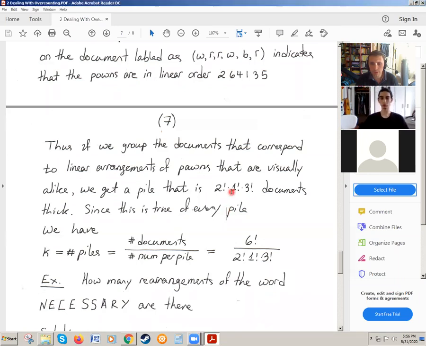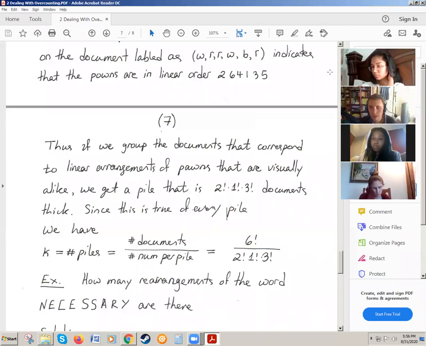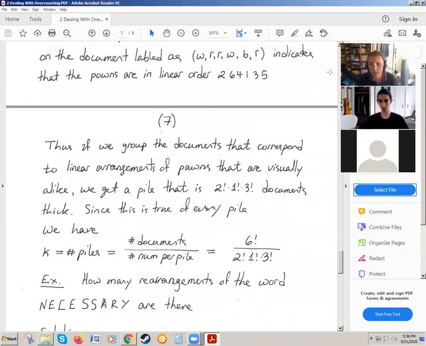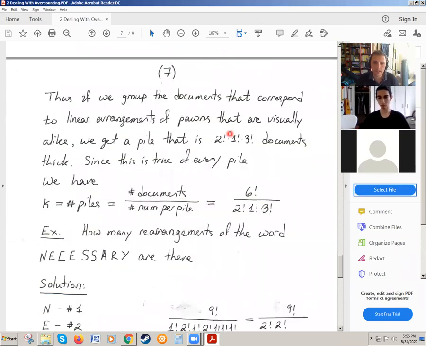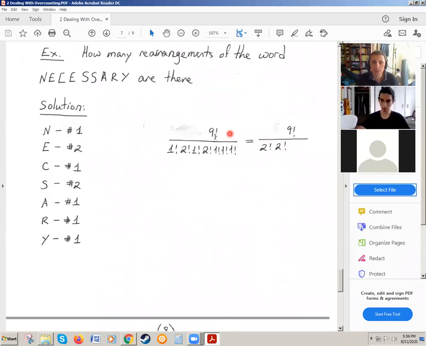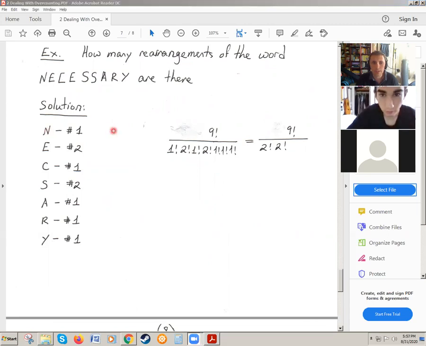All right, so a bunch of you are ready, maybe some people are still working. All right, ready? So here is the situation. I imagine that each letter is now the same as a pawn.